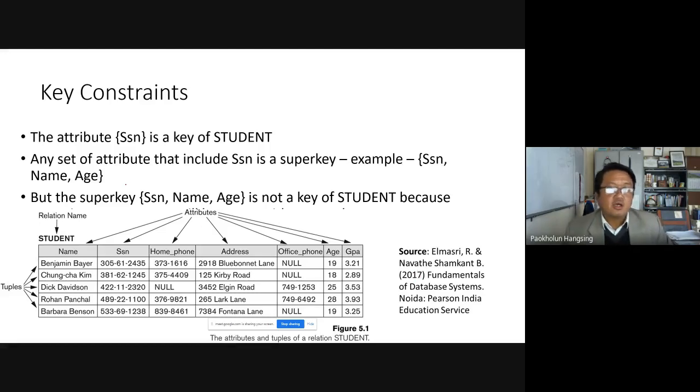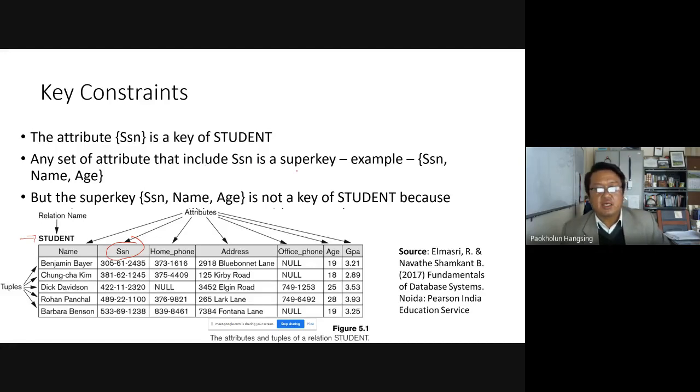So the attribute social security number, for example, here, is a key of the relation named student. So any set of attributes that includes social security number can be a super key.